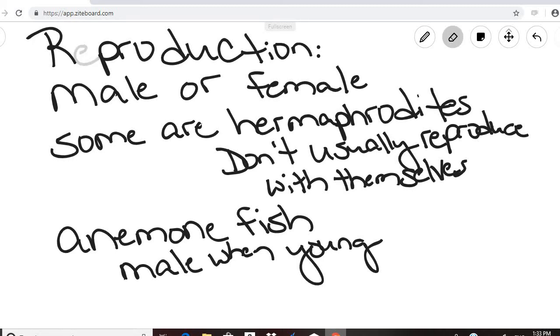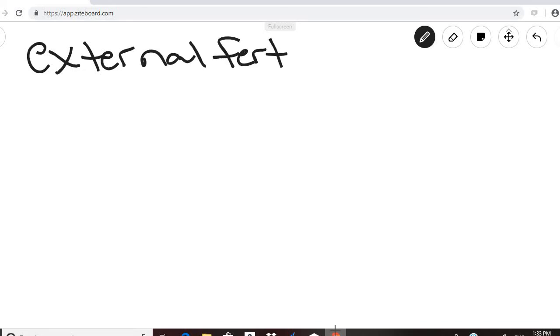So we've said that some fish reproduce by external fertilization, where eggs and sperm are deposited into the water, and if they are there at the same time and in the same location, fertilization can happen. The fish can also advertise that they are in that area with their color changes, which increases the likelihood that reproduction will take place.